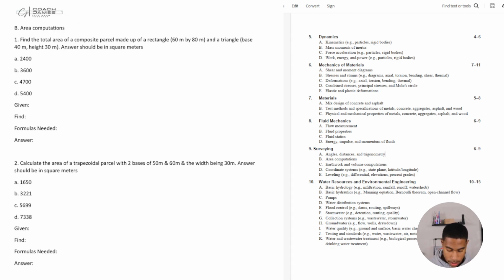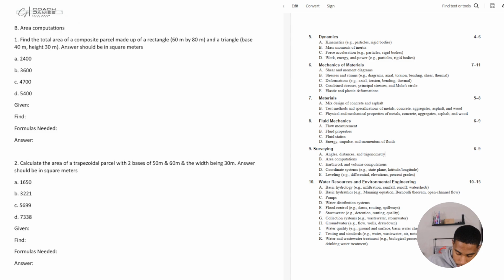All right. So for area computations, number 1 says find the total area of a composite parcel made up of a rectangle, which is 60 meters by 80 meters, and a triangle. The base is 40 meters and the height is 30 meters. Your answer should be in square meters. Okay, so let's start with the given information.